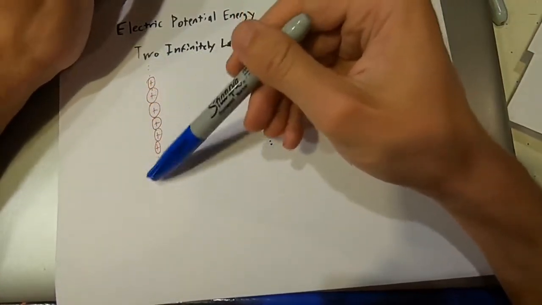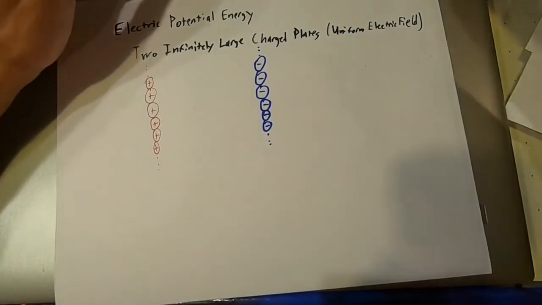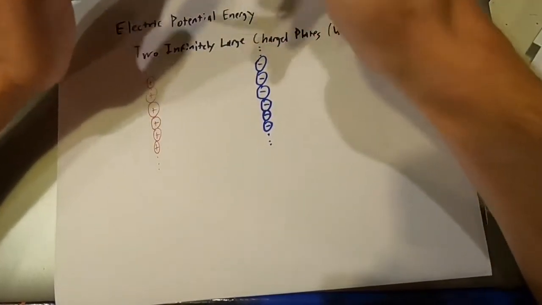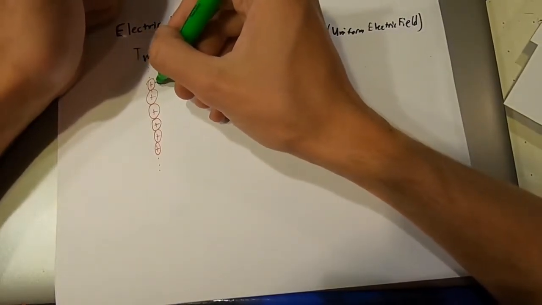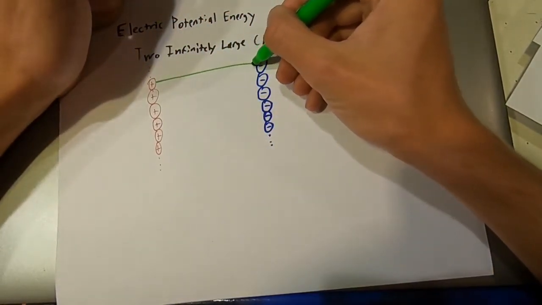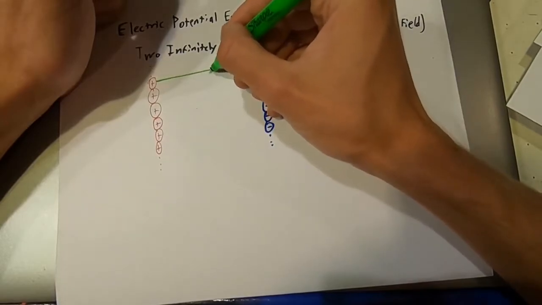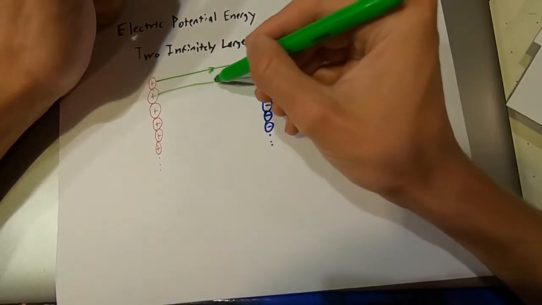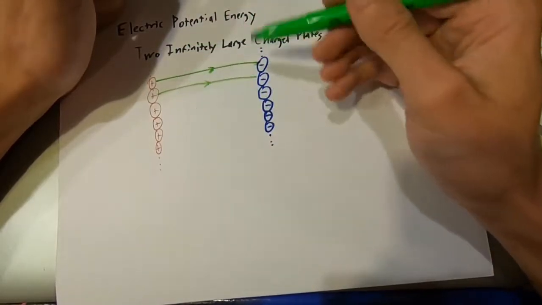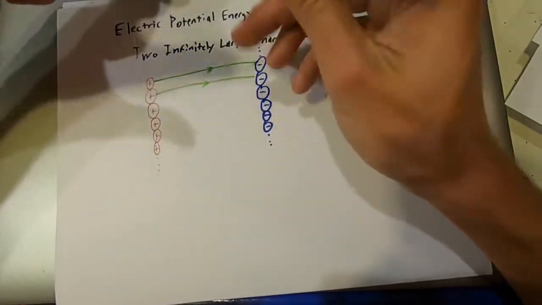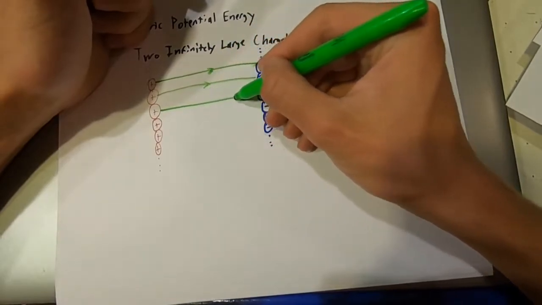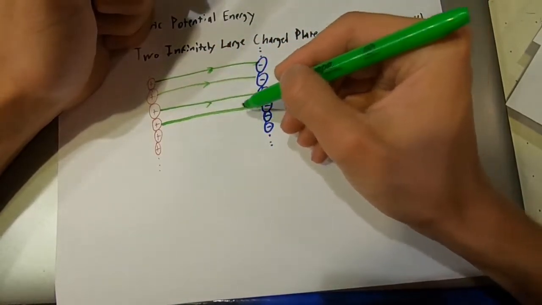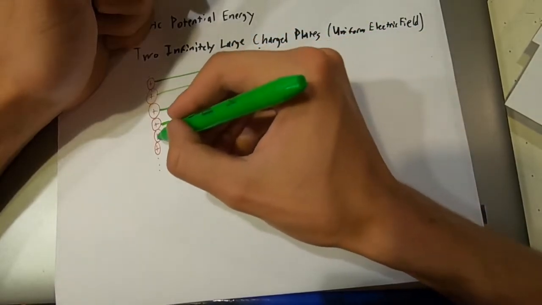But basically each of these charges has a field line associated with it. And because we have an equal amount of charges and these are infinitely large, all these field lines are just going to go directly to the right.